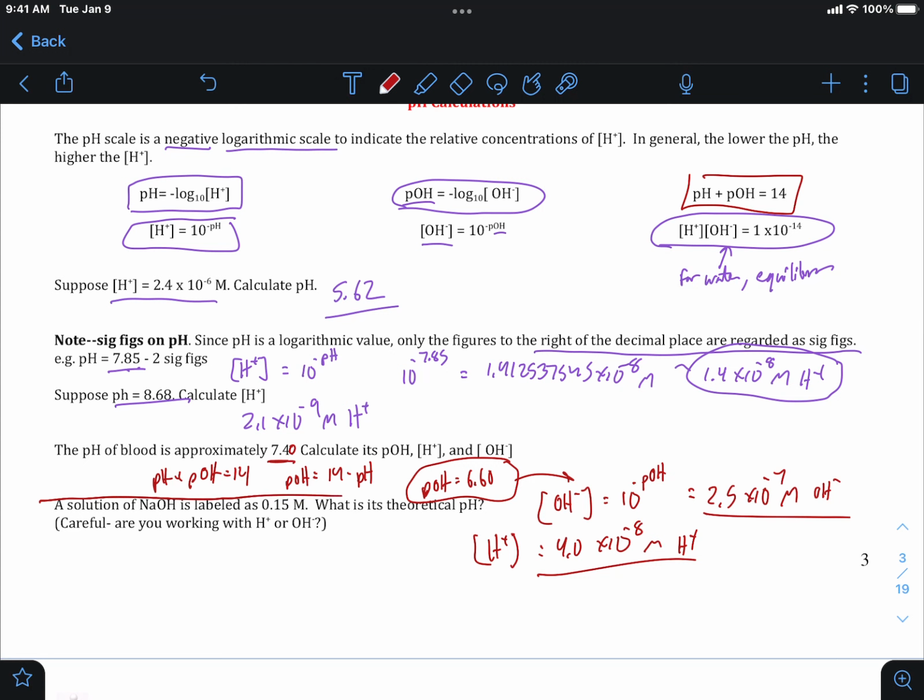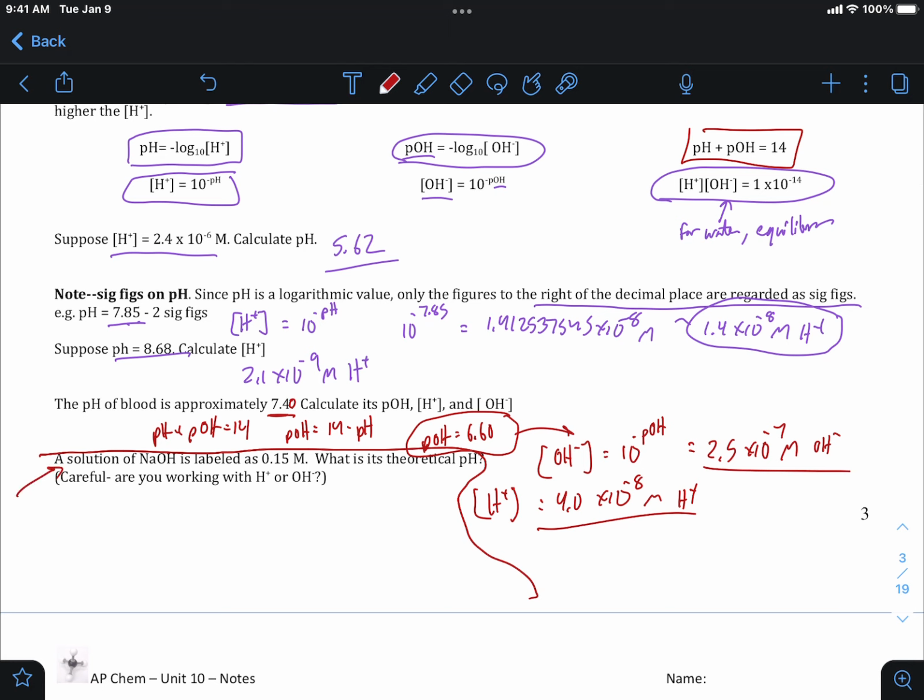Then tell me what is the pH if I have a solution of sodium hydroxide that is 0.15 molar.